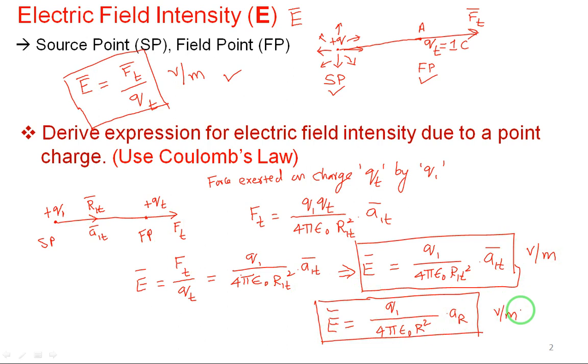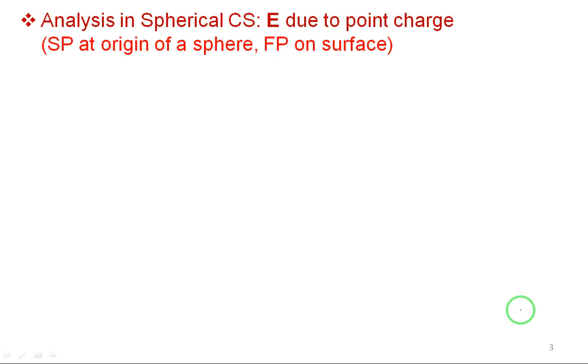What is electric field intensity? We have defined it, and we have derived the expression for electric field intensity due to a point charge using Coulomb's law. The next, the same continuation of that, is electric field intensity due to a point charge, analysis in the spherical coordinate system.